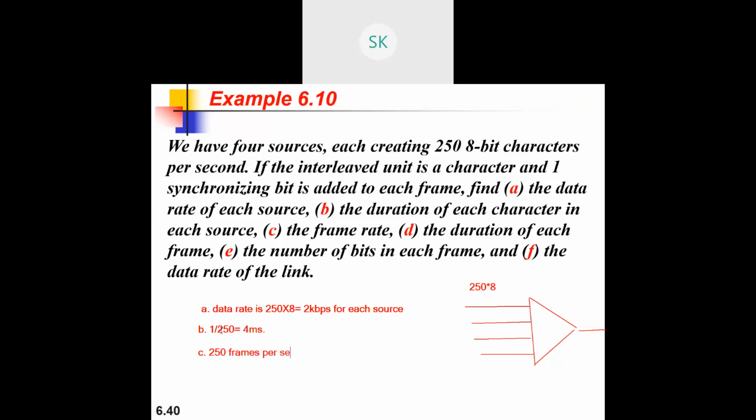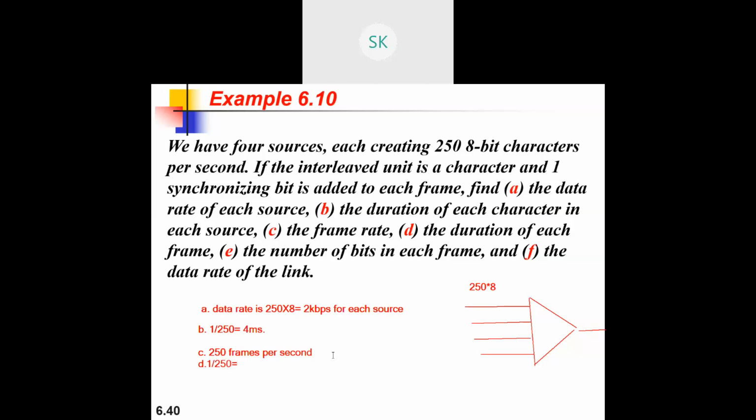If I just try to represent this in a diagrammatical manner, 1, 2, 3, 4, 4 channels are there. Now this is multiplexed into a single band.